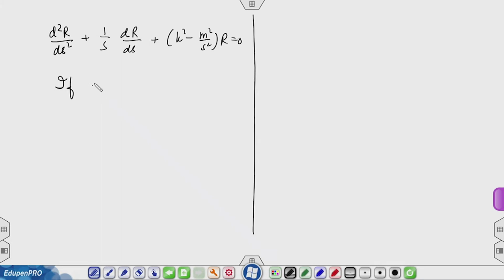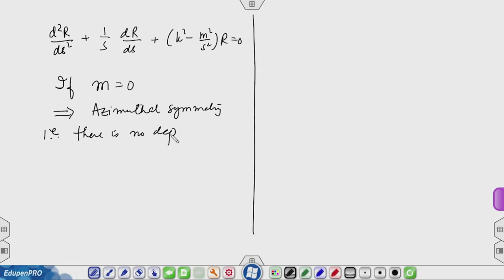If m equals 0, this means azimuthal symmetry. That is, there is no dependence on phi. And we will solve a couple of problems like this.